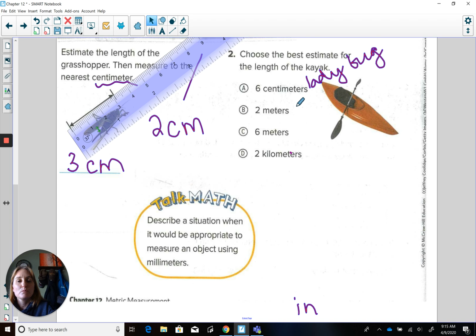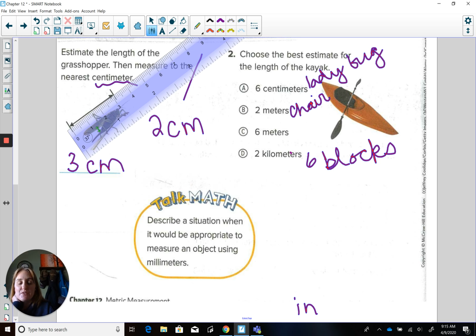I know one meter is the height of a chair, and so that was 6 chairs. A kilometer, remember, is like 6 blocks. Okay, so when I look at that, 6 chairs.